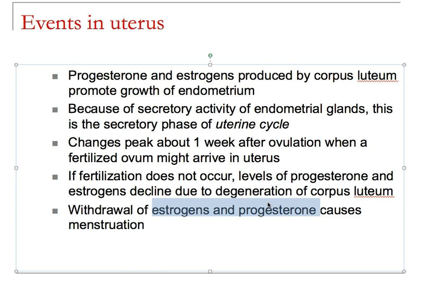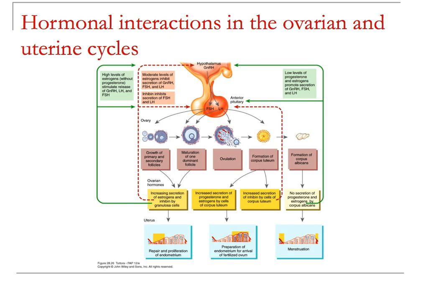That withdrawal of hormone causes the suffocation of the tissue, and that's what actually drives menstruation. And you can see it in this last figure inside your textbook. I'll spend a lot of time on this figure inside class, and I'm hoping because you've read the textbook and or you've listened to these, you have a general understanding of what I'm talking about, because there's a lot of information here, right?